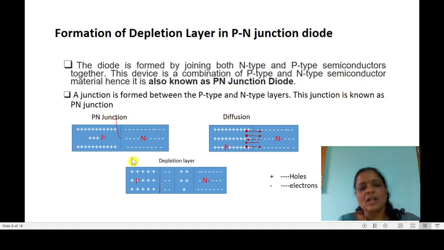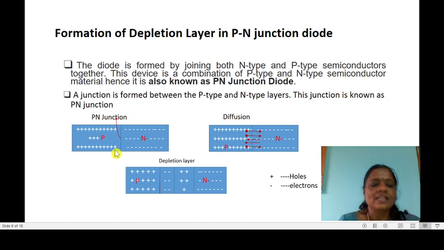I think all of you remember that in the P-type, holes are the majority carriers, and in the N-type, electrons are the majority carriers. In the P-type, electrons are the minority carriers, whereas in the N-type, holes are the minority carriers.